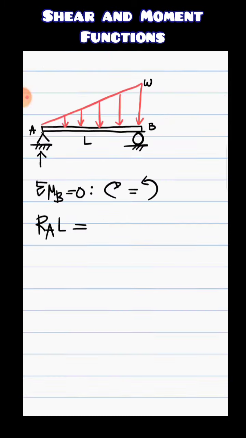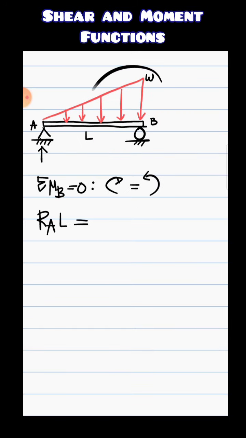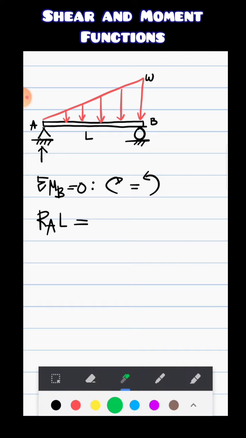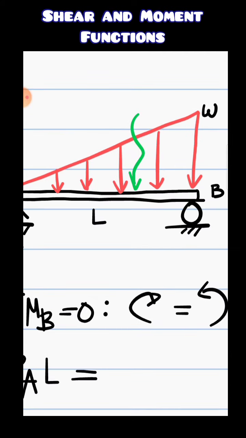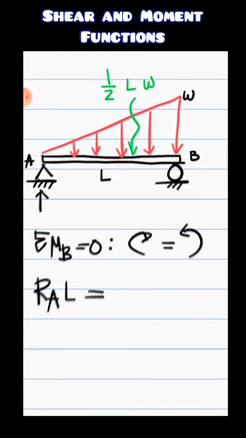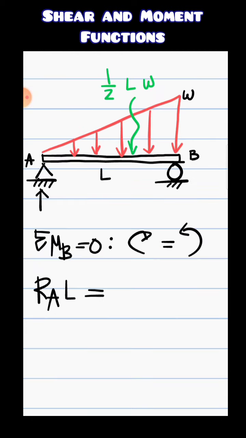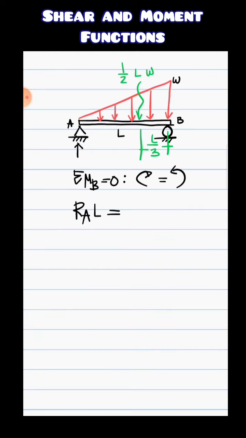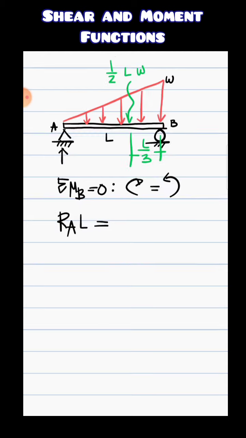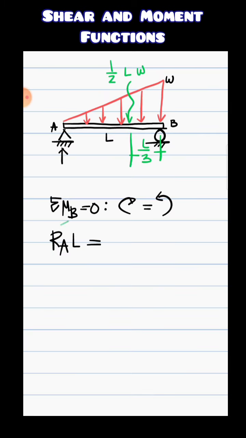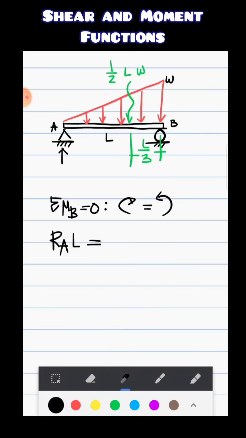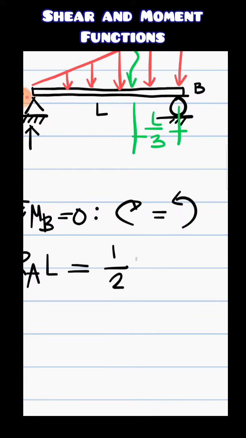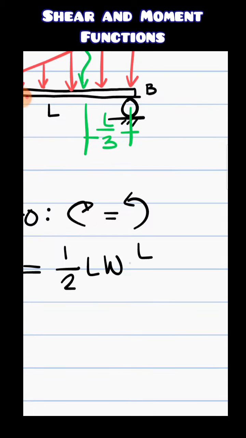Clockwise equals counterclockwise, and the load area is the area of a triangle, so that is 1/2 of the base, which is L, and then W. That's the magnitude, and its distance is L over 3 about B. So that's the moment equivalent to our RA L.